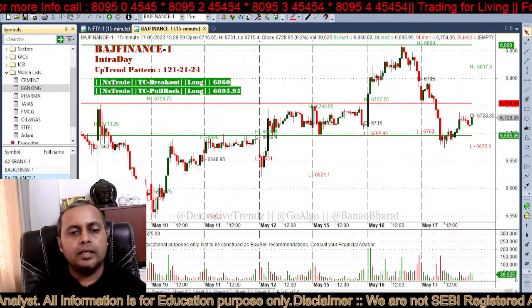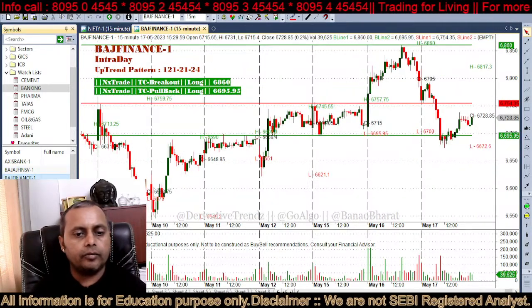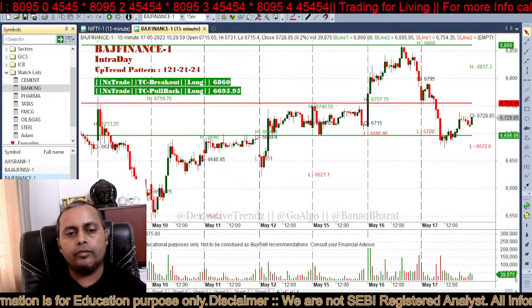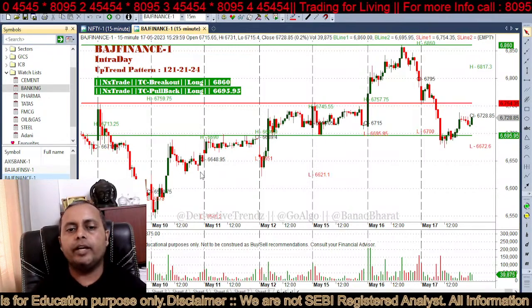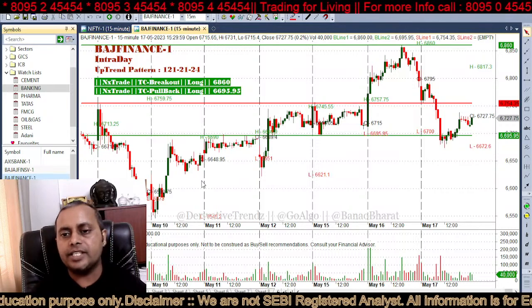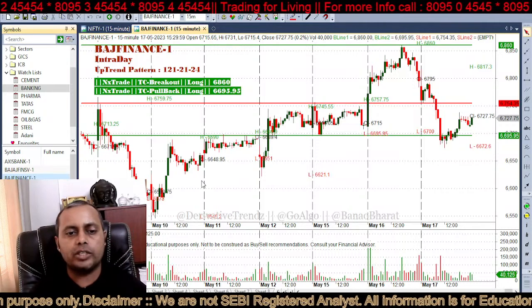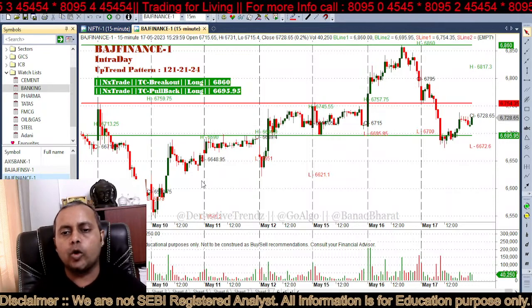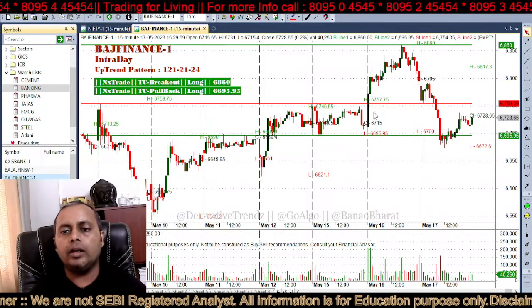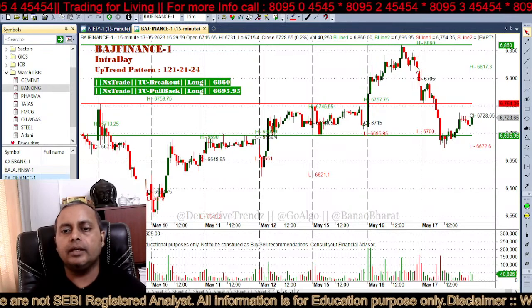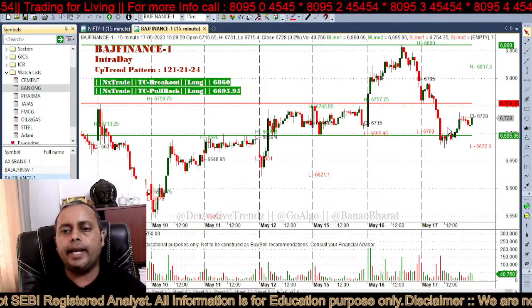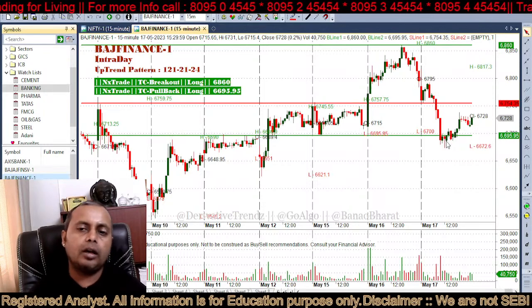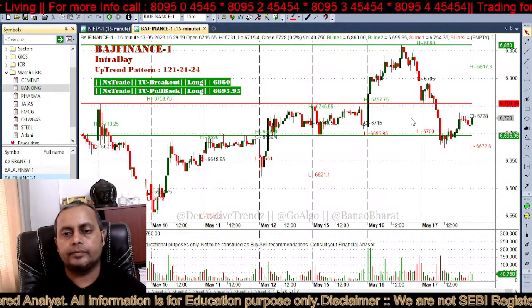Bajaj Finance started off its journey on May 10th at the lows of 6,545. From there it went up to 6,860, currently trading at 6,727. So here you can see it is still in an upward movement overall, and today's fall, from yesterday evening, is steep, and this kind of steep fall will not negate the highs.